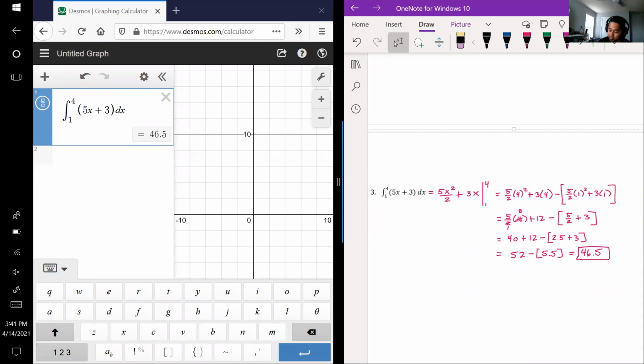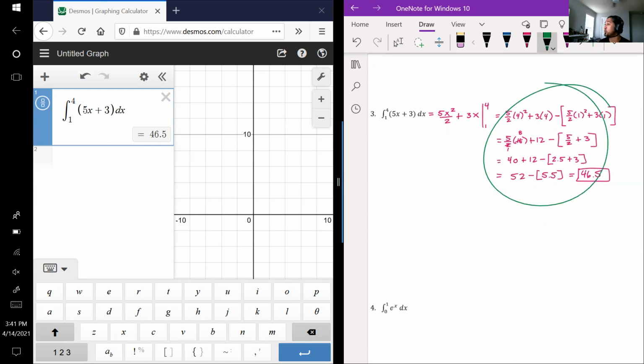Convenient. So all I ask for your showed work is get to this part, find your antiderivative, and then plug it in and just give me the answer. That's it. So unless you want to keep going the long route, that's totally fine.